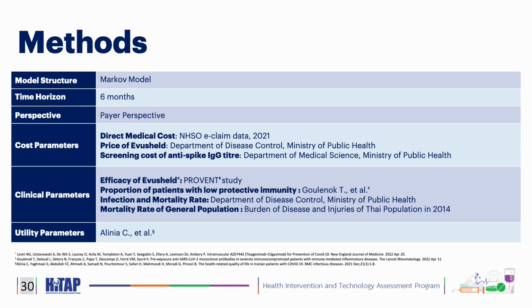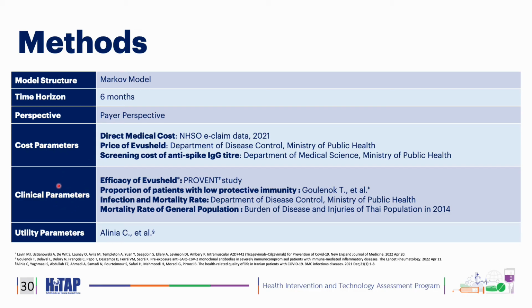So now that we have our Markov model ready, we need to set the time horizon of our study as well, which in this case we set to 6 months. The perspective we use in this case is the payer perspective, right? And then we have to find the parameters to put in the model. In this study, for the cost parameters we have, first, the direct medical cost from the NHSO e-claim data, the price of the medication from the Department of Disease Control, and the screening cost of anti-spike IgG we received from the Department of Medical Sciences.